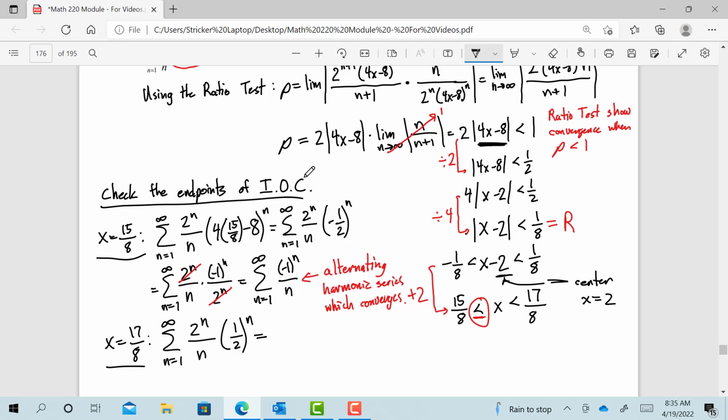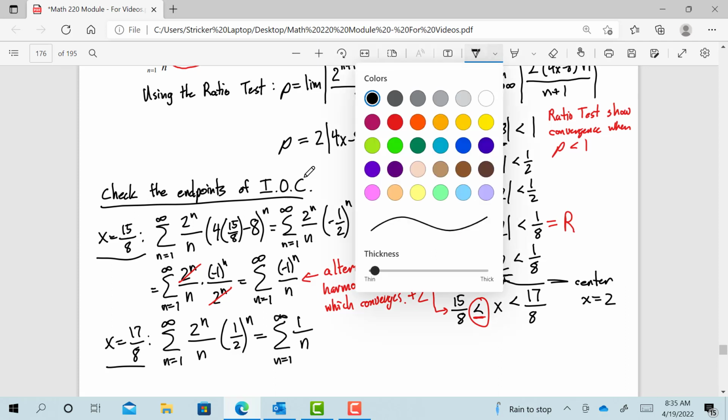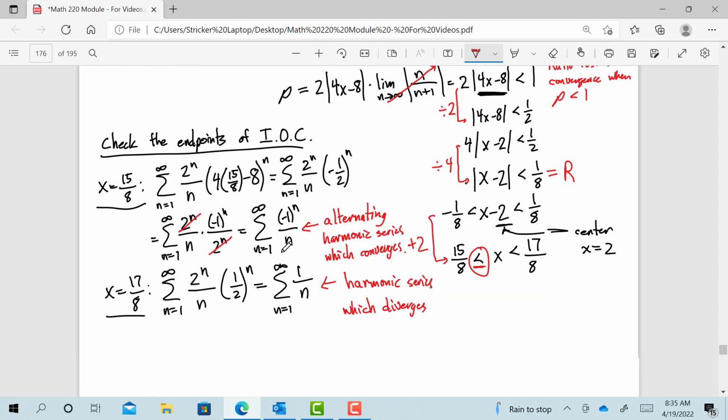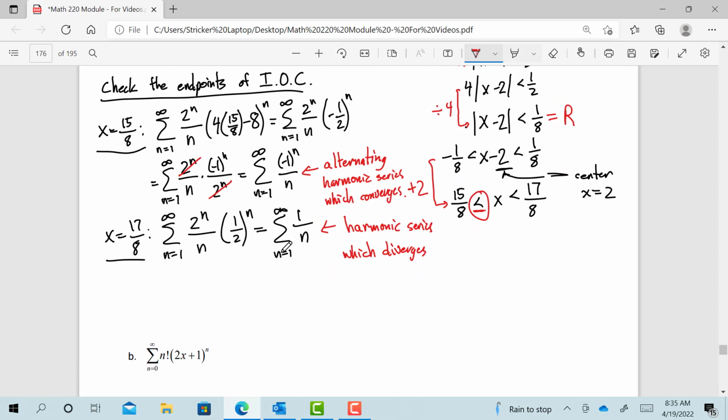And that should simplify then to another series that we're familiar with, 1 over n, which of course is the harmonic series, which diverges. So our interval will not include 17 over 8.